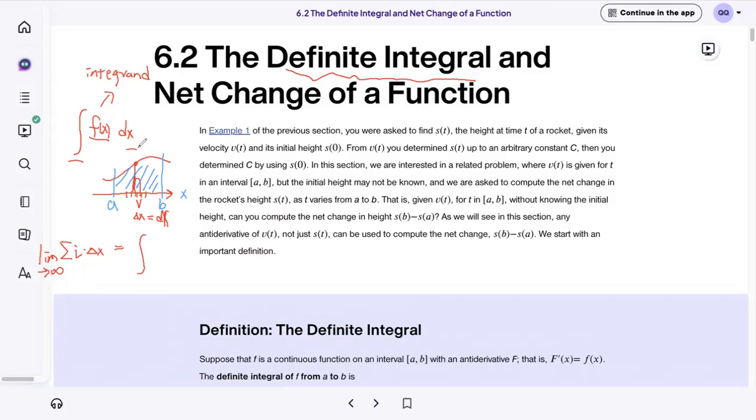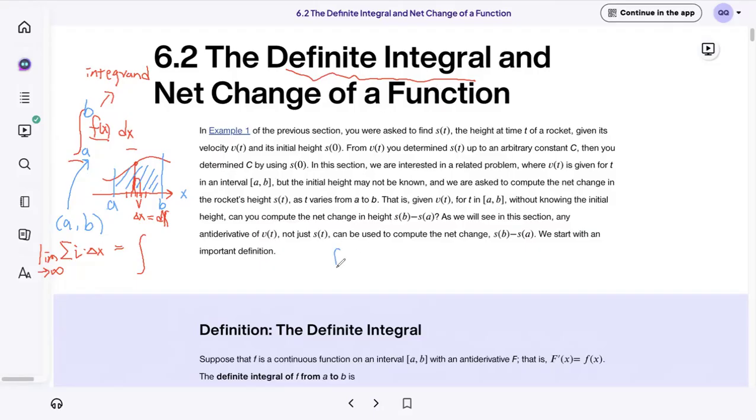From a to b is an interval. We put the first number a into the lower limit, and we put the b in the upper limit. So this is called a definite integral.